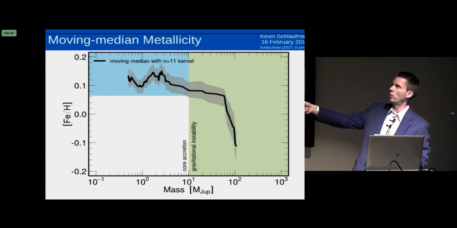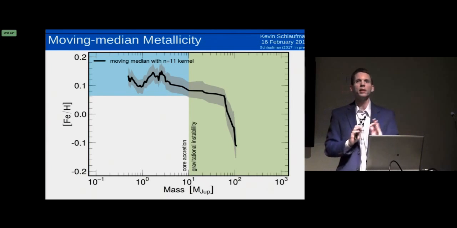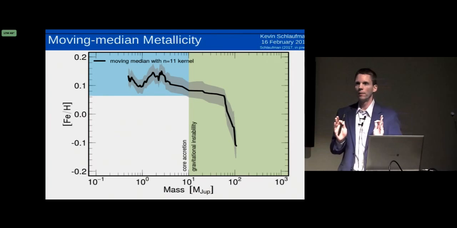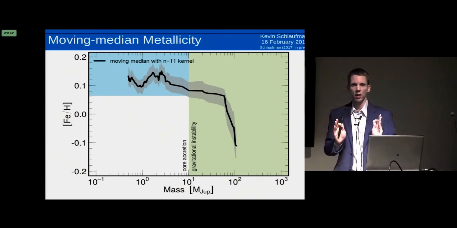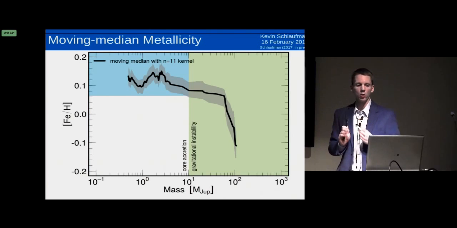And there are some bumps and wiggles, but the minimum occurs here at just slightly more or slightly less than 1 Jupiter mass. And the moving median moves below that at exactly the same point, at this same 10 Jupiter masses. So completely independent of the occurrence rate of these objects, there's a signal simply in the composition of their host stars.